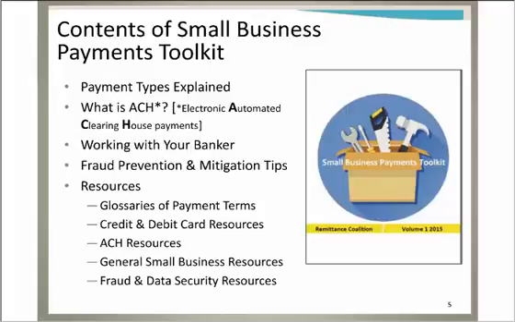We have a section on working with your banker in the toolkit, including information you should bring to a meeting with your banker if you want to talk about how to improve your payments processes. We have a hefty section which contains fraud prevention and mitigation tips. And then finally, because we couldn't include everything in the toolkit that we wanted to, we have a nice section of resources that provide additional information, and you can see those links in the resources section of the toolkit.